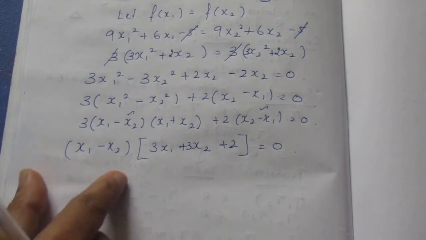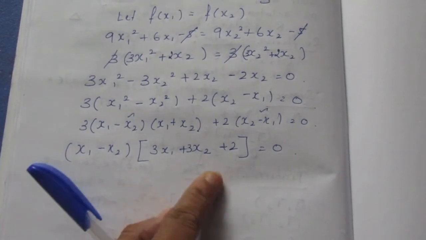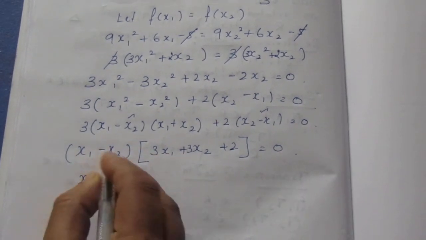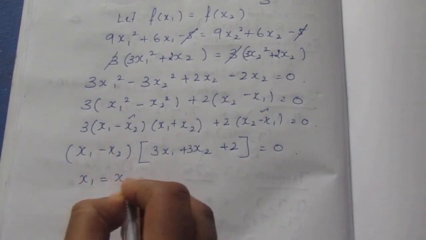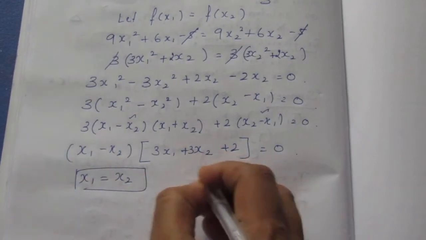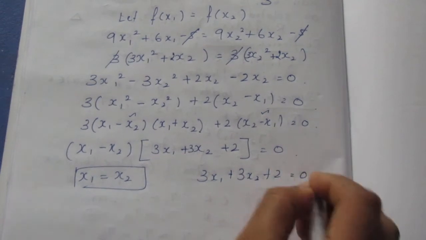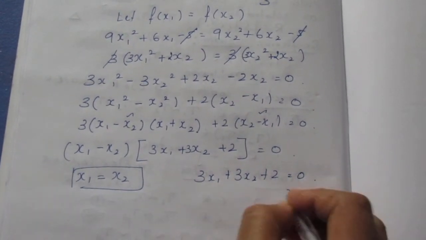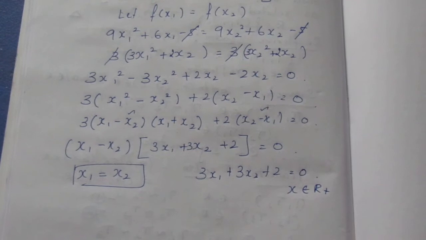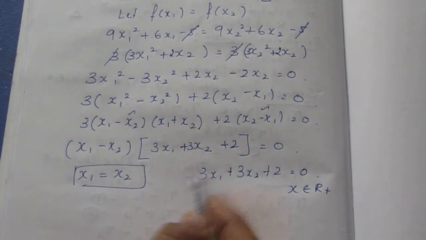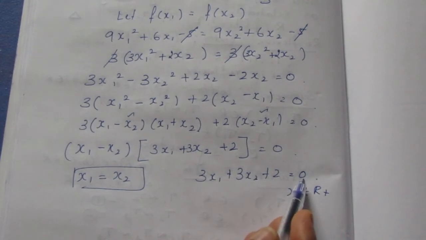Now this we can write separately equal to 0, this separately equal to 0. If I write this separately equal to 0, it becomes x1 minus x2 is equal to 0. So x1 will be equal to x2. In this case, it becomes 3x1 plus 3x2 plus 2 is equal to 0. This cannot be equal to 0 because x belongs to the positive real numbers. If x is a positive real number, adding all the positive real numbers, it can't be equal to 0.